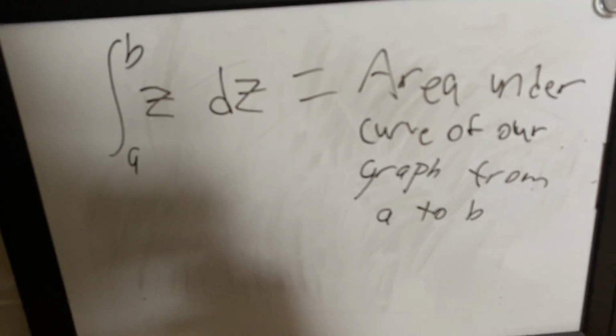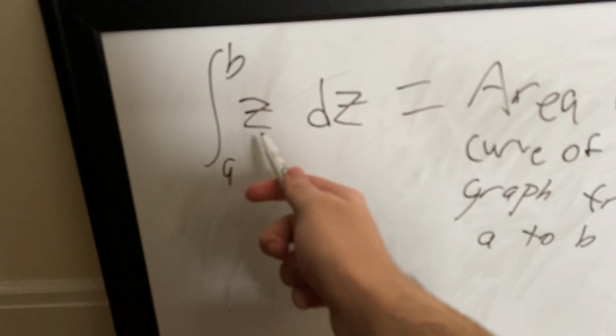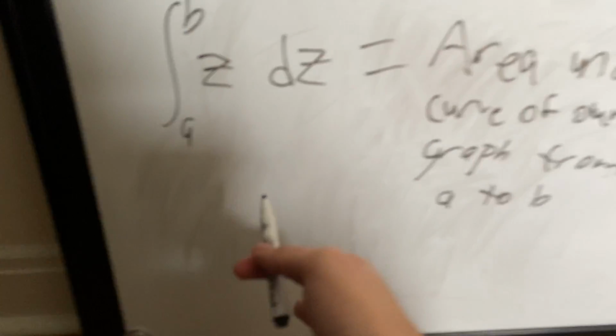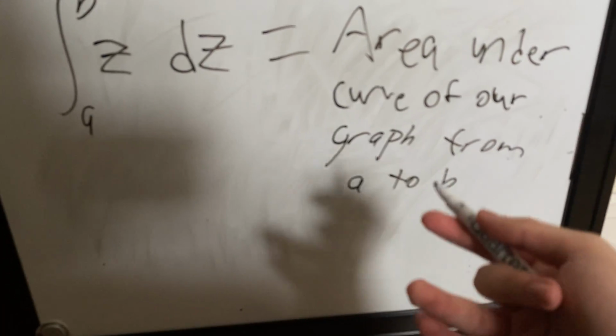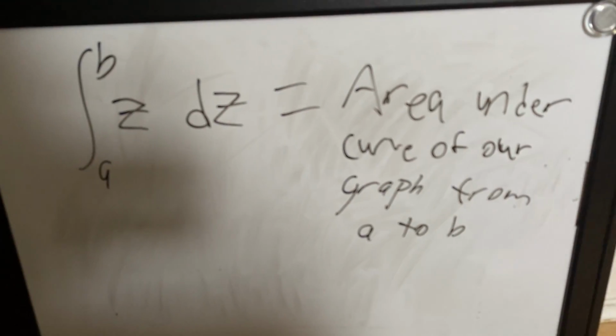That's the one thing to take away: for our lower bound a and upper bound b, integrating a function with respect to a variable in question equals the area under the curve of that function, of our graph, from the lower bound a to the upper bound b. Thank you.